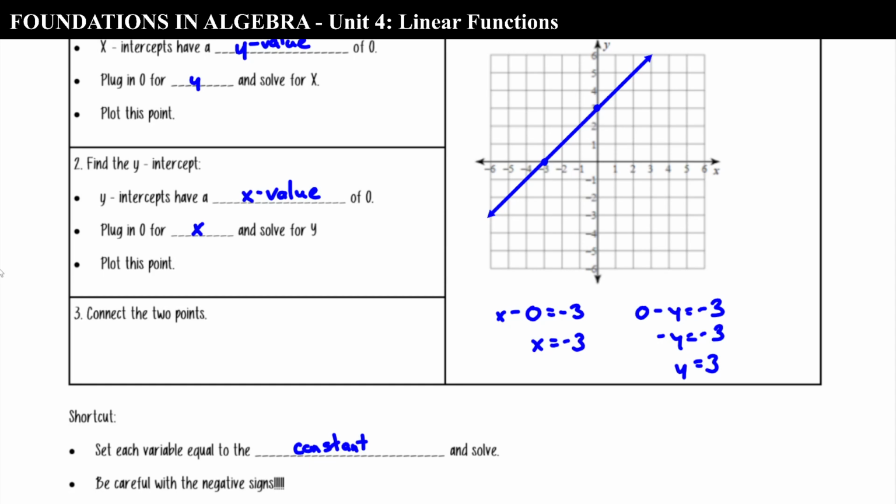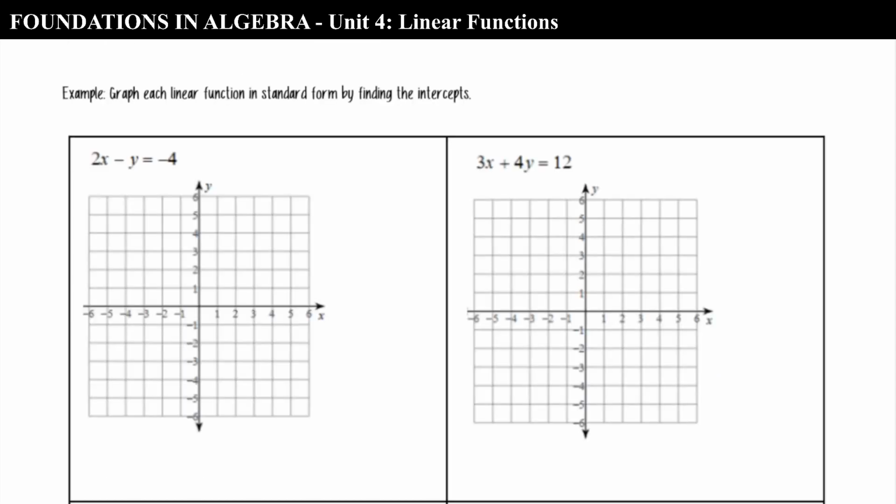If we remove the x and just do the y, you have that negative in front of the y, so you have to carry that: -y equals -3. Then solve by multiplying or dividing each side by -1, and that gives us y equals 3. Let's do a few examples of this method of graphing with standard form.